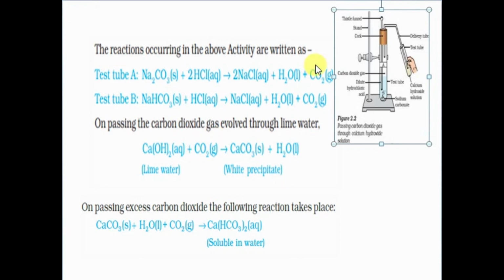Now this carbon dioxide will react with lime water that is there in the second test tube. So in this test tube we have Ca(OH)2, that is lime water, and when carbon dioxide is reacted, white precipitate is formed, and when excess CO2 reacts with this white precipitate, it will dissolve the precipitate. So in the first stage we have formation of precipitate, and in the second stage the precipitate will dissolve because that solution is soluble in water. So I hope this is clear and we are done with this reaction.